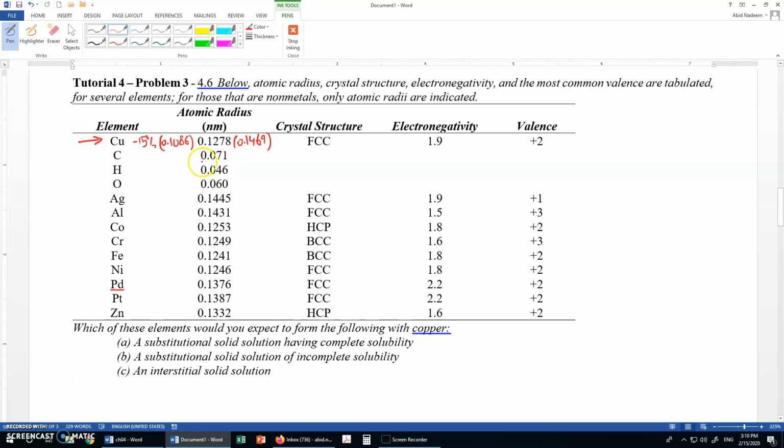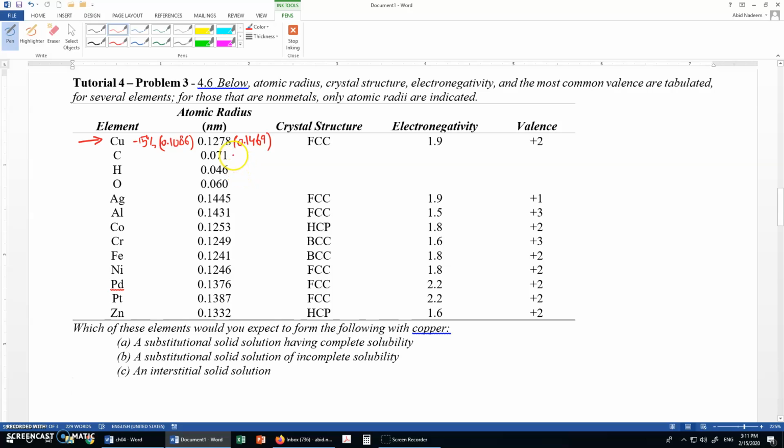In this case you can see that carbon does not qualify this condition because its atomic radius is much lower. Hydrogen does not qualify, oxygen does not qualify. And silver? Yes, silver qualifies, 0.1445.